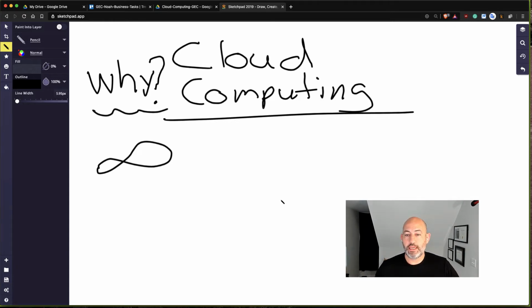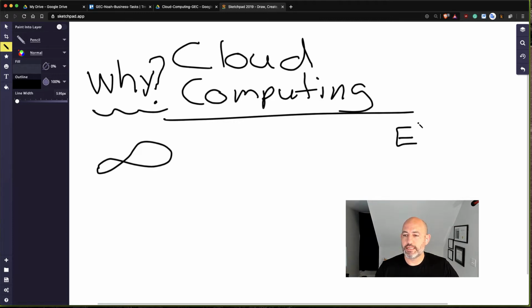The key problem with your laptop, physical data center, any of these types of single-use technologies, like only I can use my laptop or only my company can use the data center, is that it's stuck with some problems that cloud computing addresses.